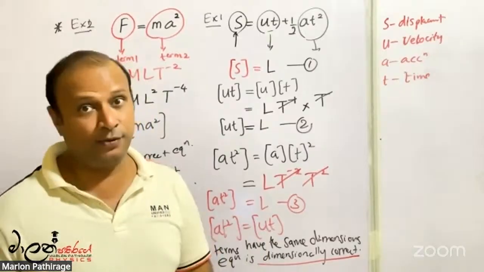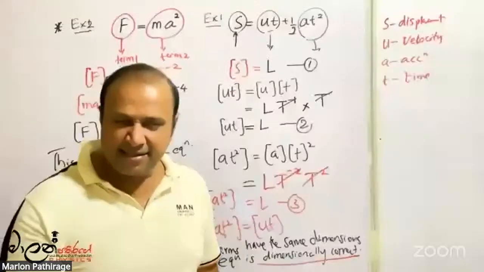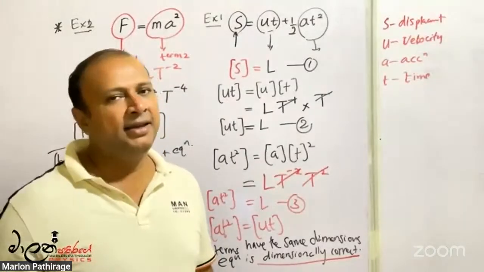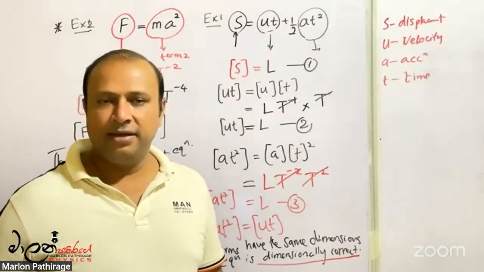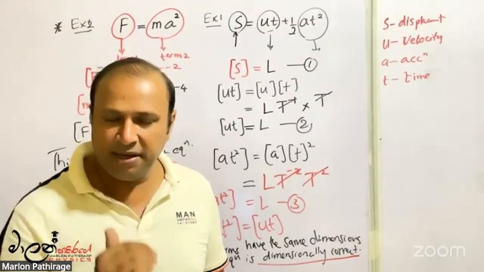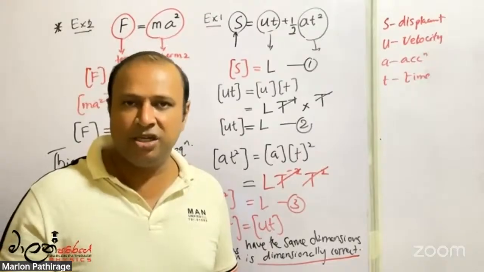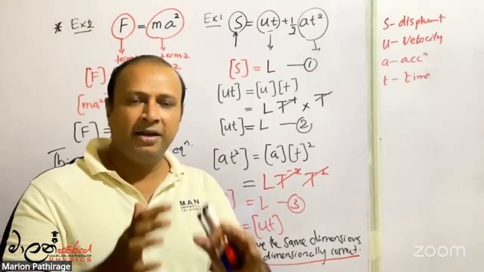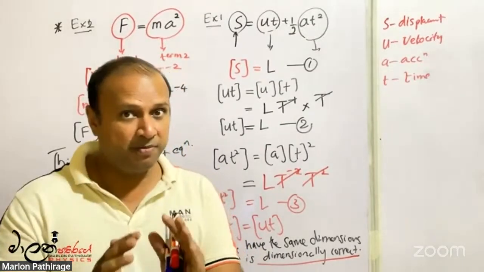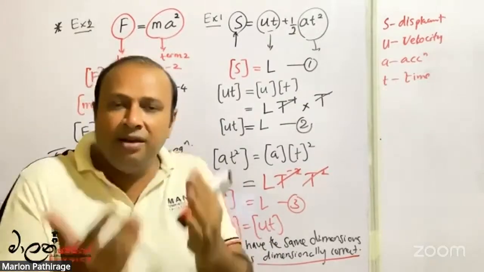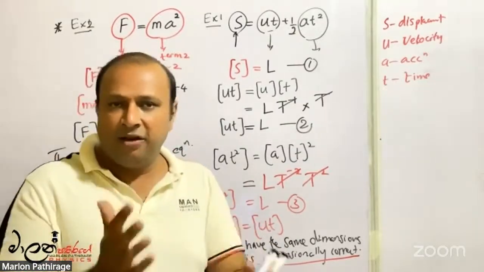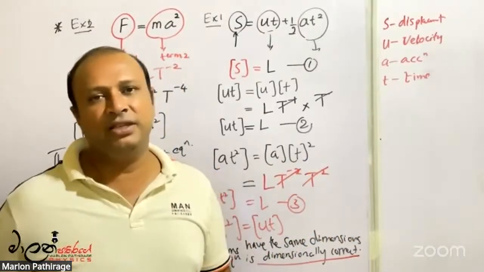Unit is the scale we use to measure that physical quantity. Dimension is a symbolic representation of the relationship between a physical quantity and basic physical quantities.